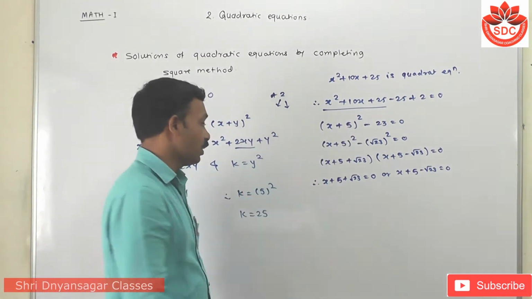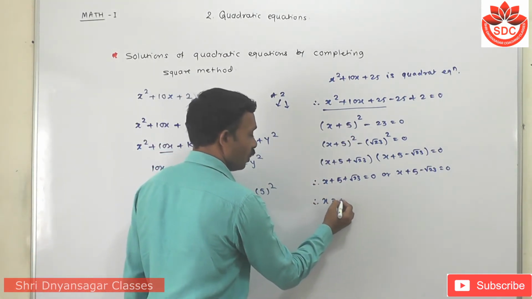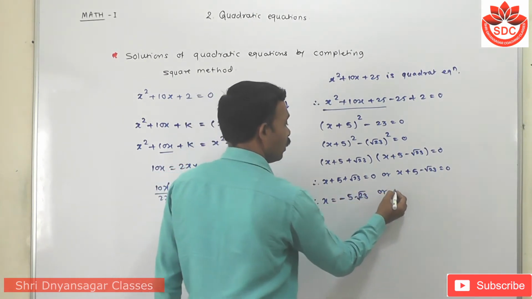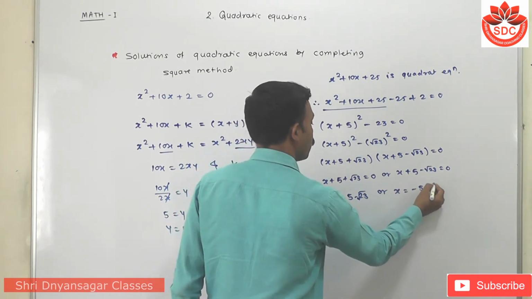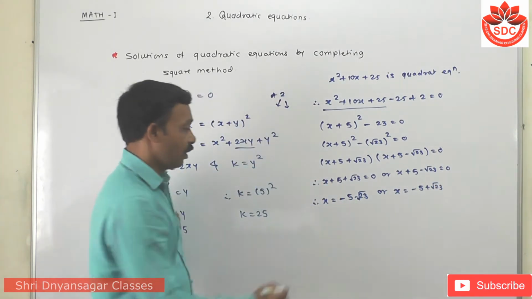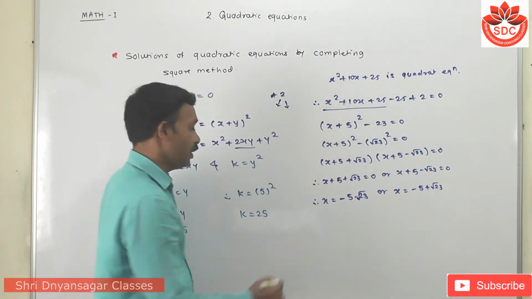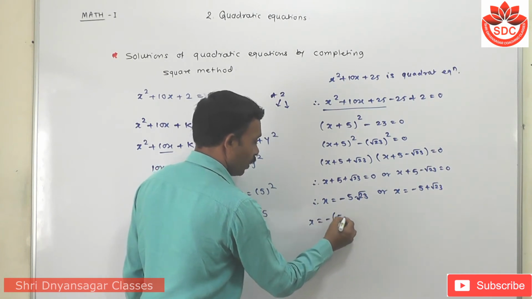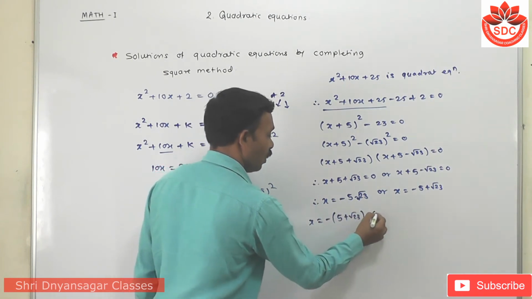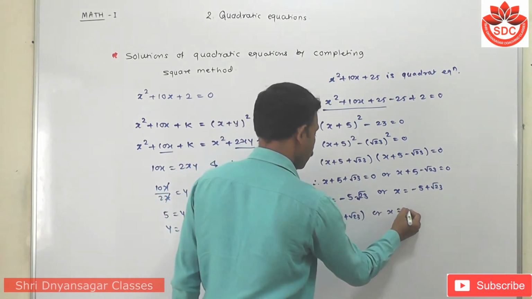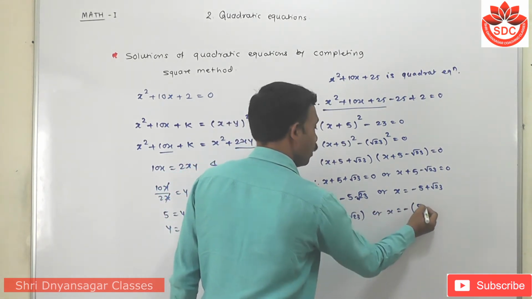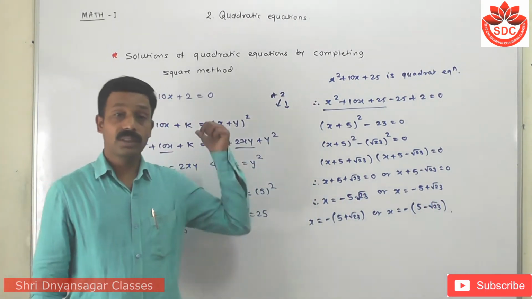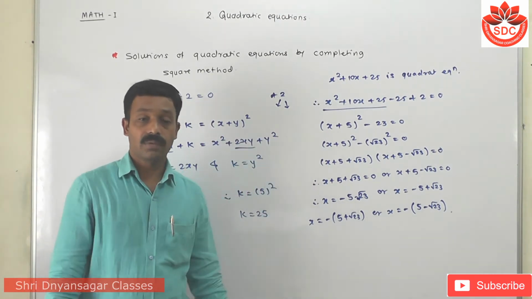Transposing these values to the other side, x is equal to minus 5 minus root of 23, or x is equal to minus 5 plus root of 23. This is the solution of the given quadratic equation. So x is equal to minus 5 plus root of 23, or x is equal to minus 5 minus root of 23. This is our solution of this quadratic equation by using the completing square method.